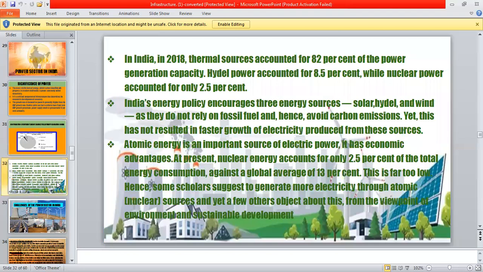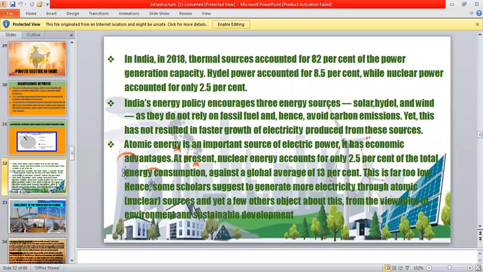The thermal sources accounted for 82% of the power generation, 8.5% is hydro, and 2.5% is nuclear power plants. The three alternative energy sources, that is solar, hydro, and wind energy, are also very important.